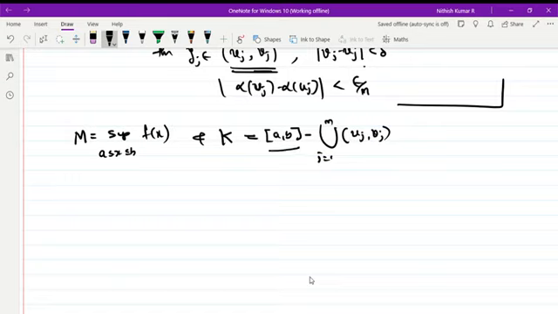Now observe this is a union of open intervals, hence an open set, and this is a closed set minus an open set, hence K is a closed set.